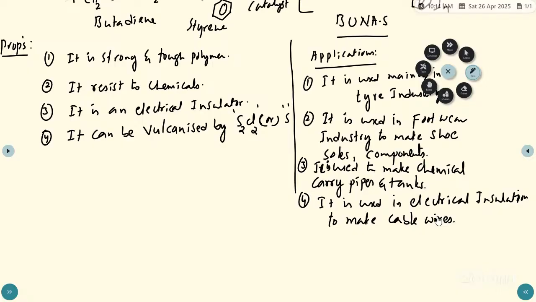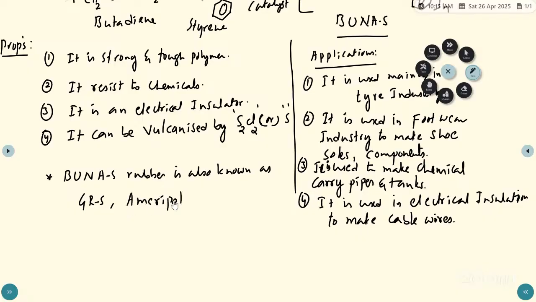Write that as a point. Buna-S rubber is also known as GRS rubber, Government Registered Styrene rubber, or also called Ameripol, not Amalapaul, Ameripol. These are the other names of the Buna-S rubber: GRS rubber or Ameripol.